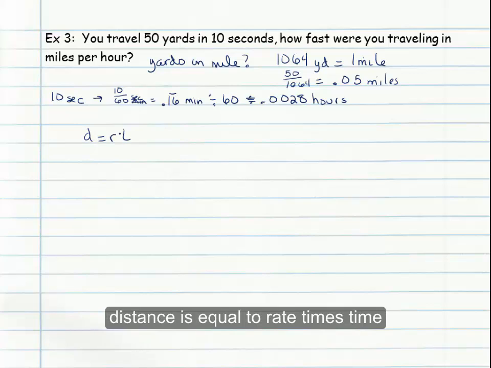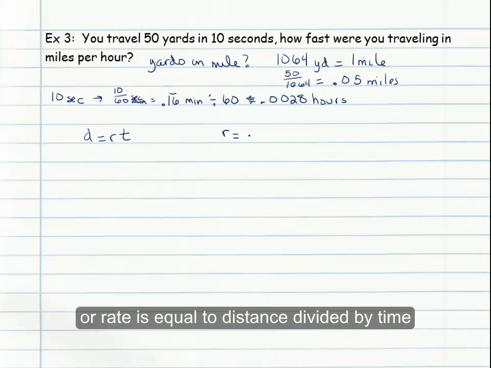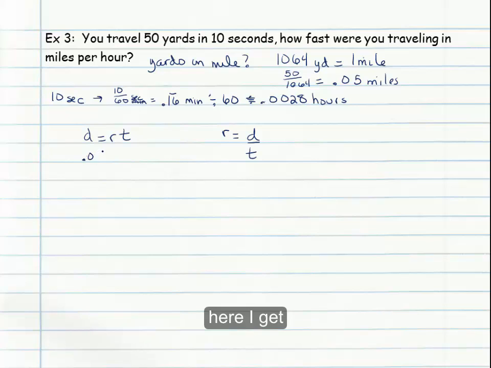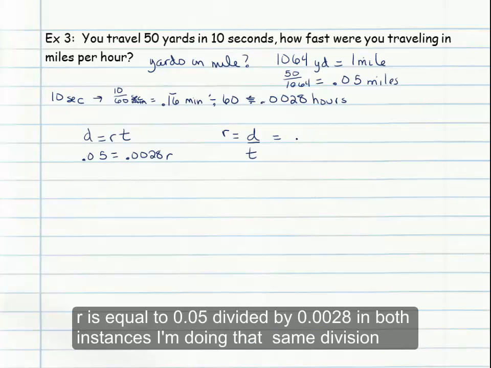Distance is equal to rate times time, or rate is equal to distance divided by time. Here I get 0.05 is equal to 0.0028 r. Here I'll get r is equal to 0.05 divided by 0.0028.